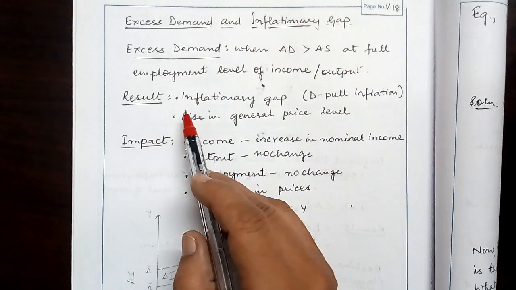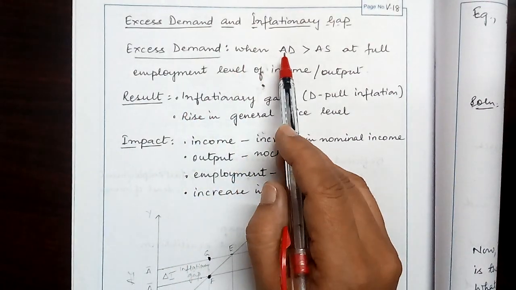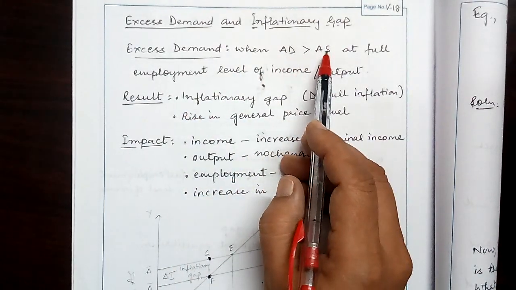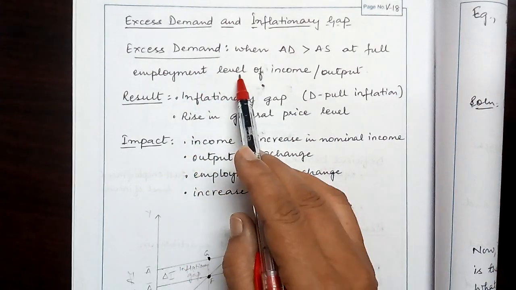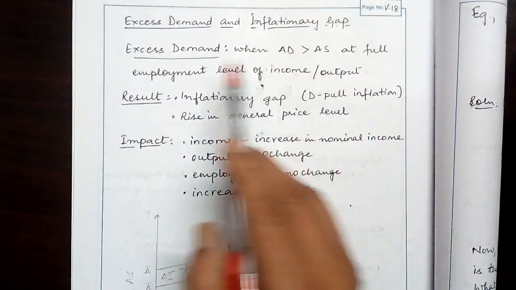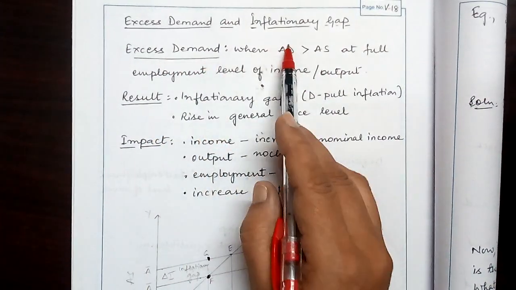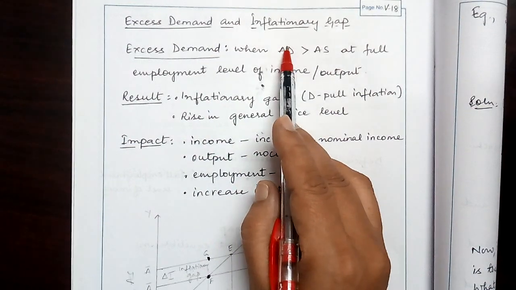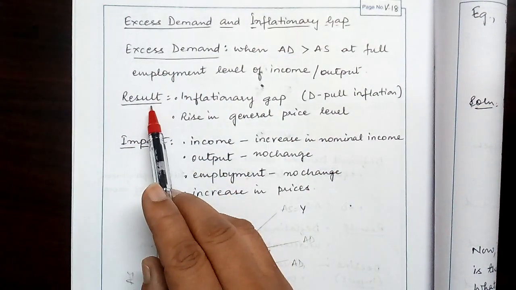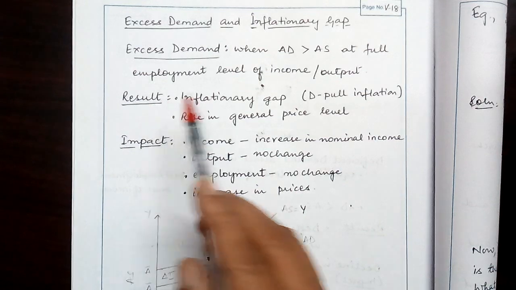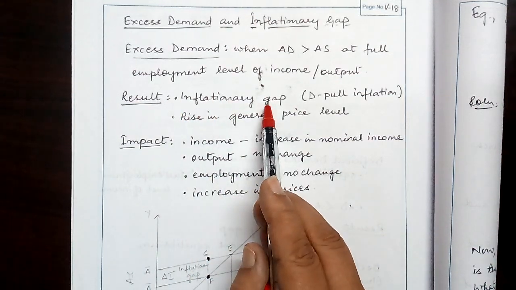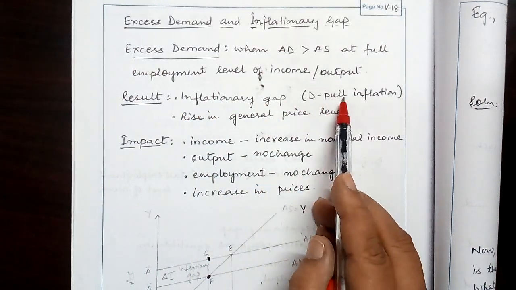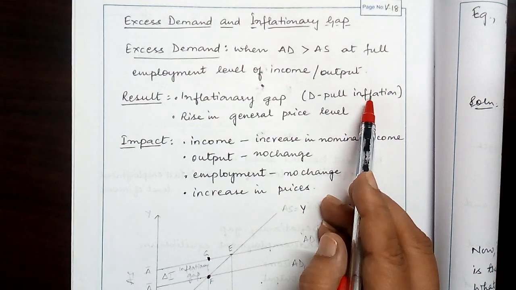Now, let's come back to this. When aggregate demand is greater than aggregate supply at full employment level of income and output, we are calling it excess demand because demand is in excess. Now, what does it result in? It results in, as we just saw, inflationary gap or demand pull inflation.